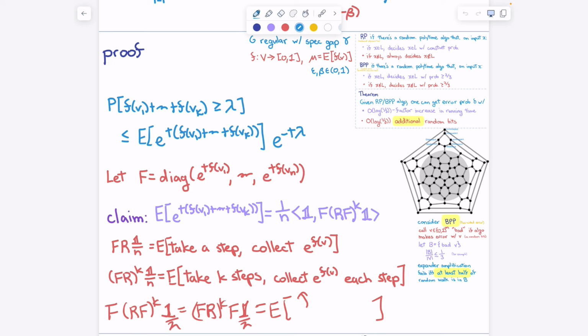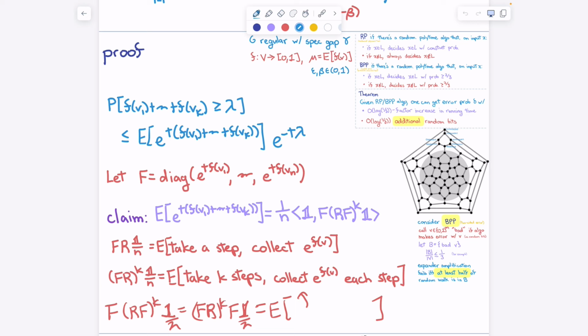So how do we actually model this? We're left with this moment, the expected value of e to the t, with t some parameter to be chosen, times the sum of Mario coins in the top right. We want to do some kind of analysis, and so the first claim is that I can model this as FRF to the K, where F is going to be a diagonal matrix with the exponentiated coins. The idea is you're at the stationary distribution.